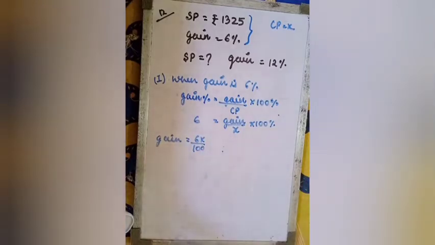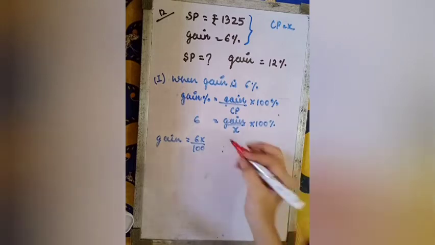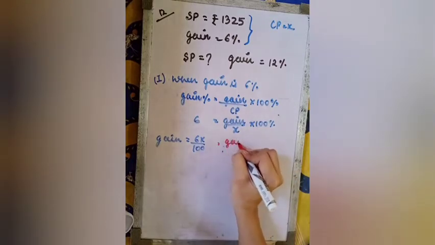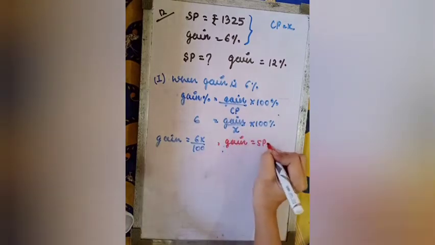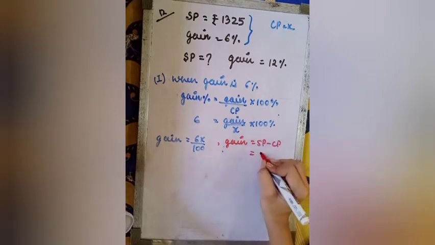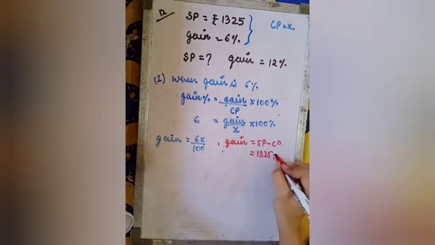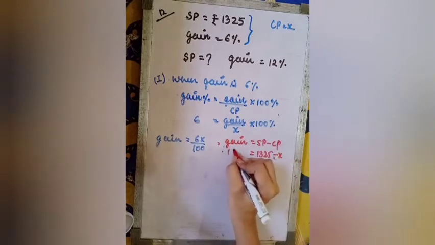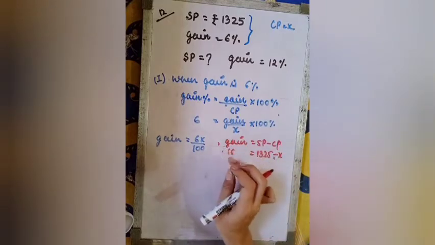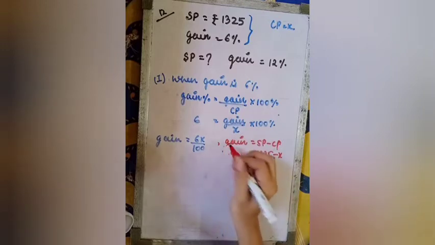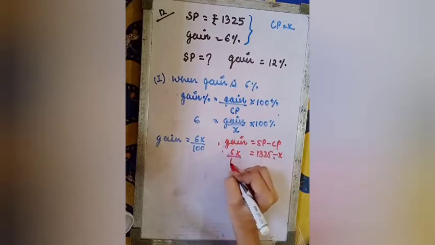Now we know gain is also equal to SP minus CP. SP is 1325, CP is x, and gain is 6x upon 100.